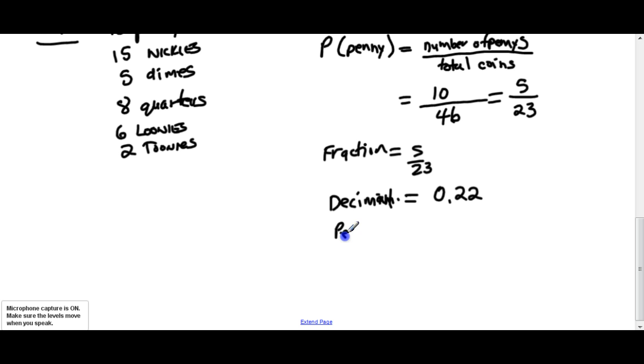And as a percent, I just take 0.22 multiplied by 100 and I get 22%. So I could say that the probability of me choosing a penny out of this hat with all these other coins in there is 5 out of 23, or decimal 0.22, or 22%. So that is experimental probability in a nutshell.